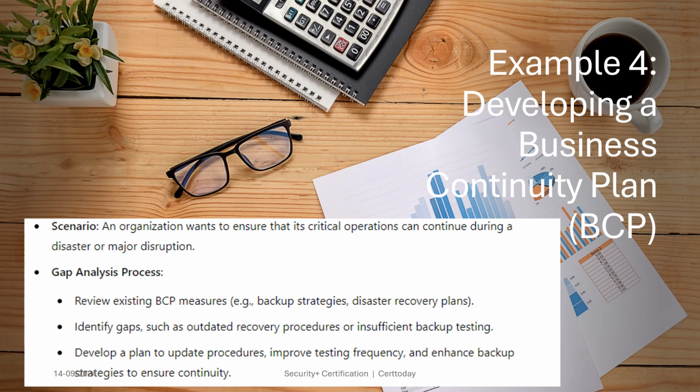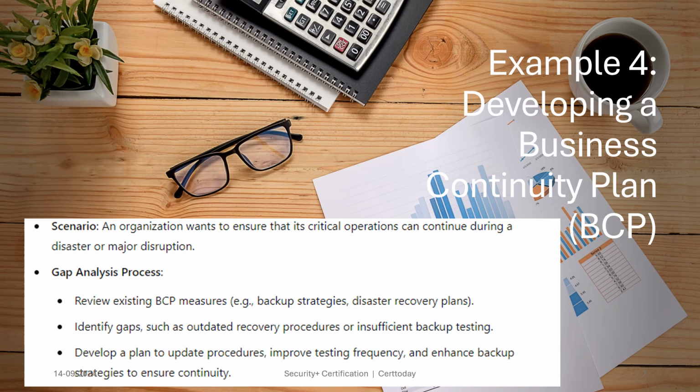Example number 4, developing a business continuity plan or BCP. Let's say that an organization wants to ensure that its critical operations can continue during a disaster or major disruption. The gap analysis process will look like this.